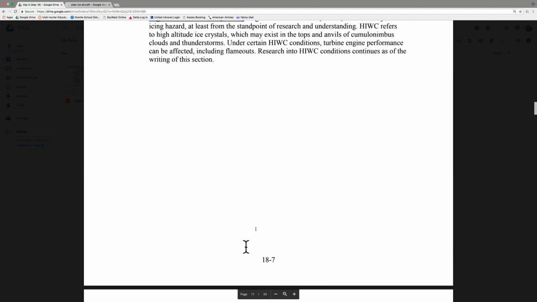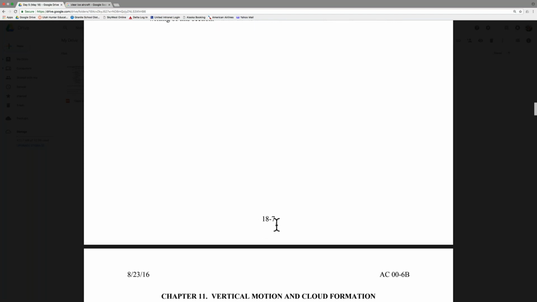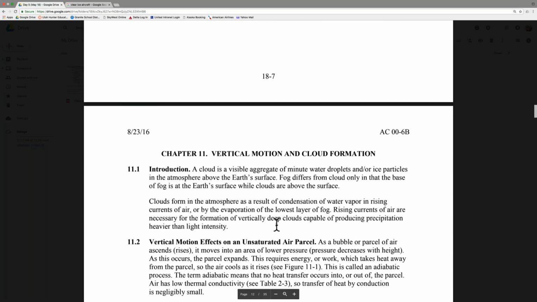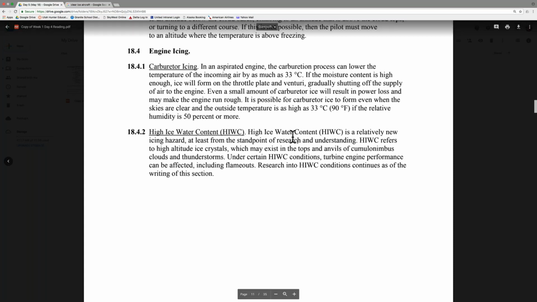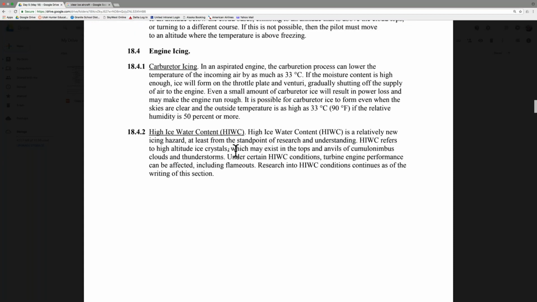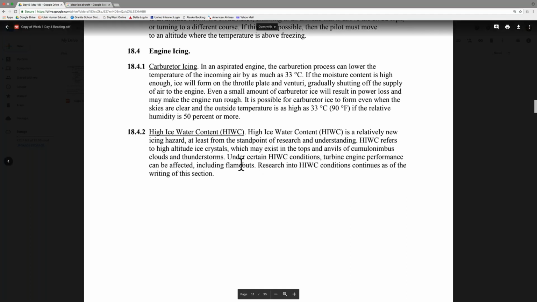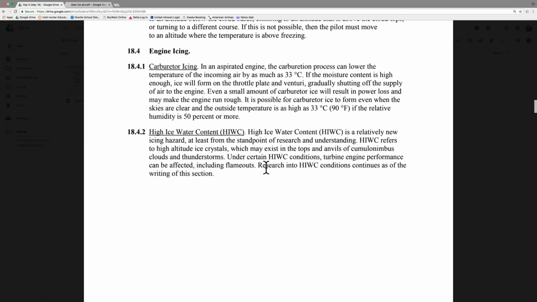All right. So this high ice water content. Under certain high ice water conditions, turbine engine performance can be affected, including flame outs.